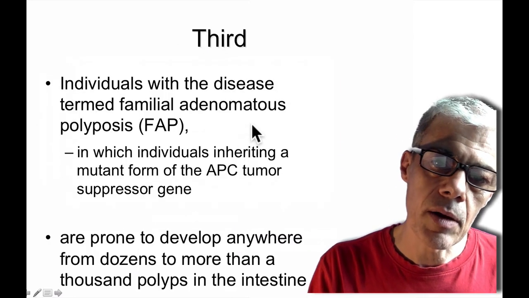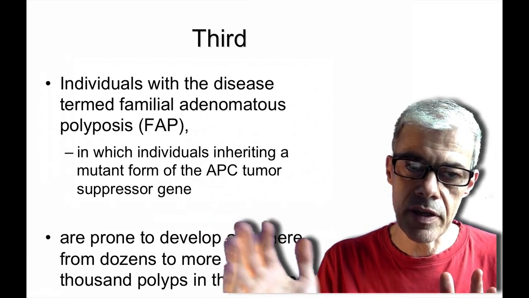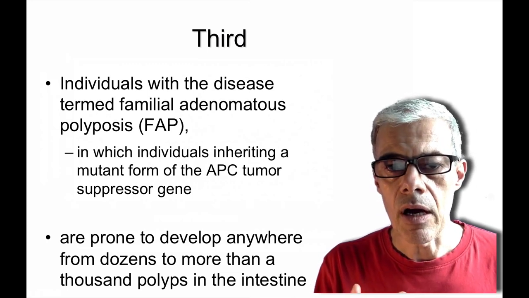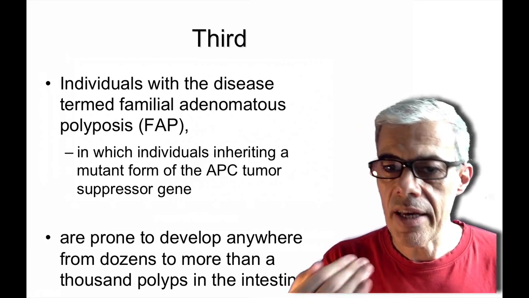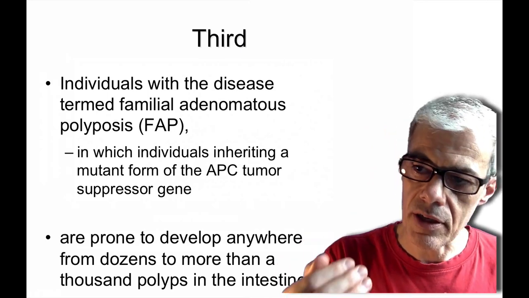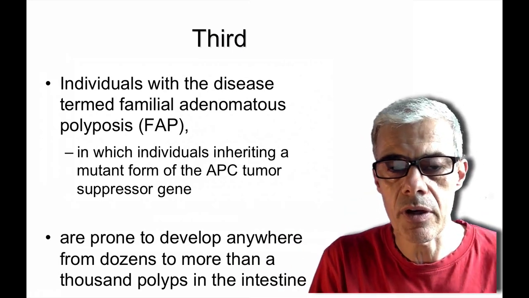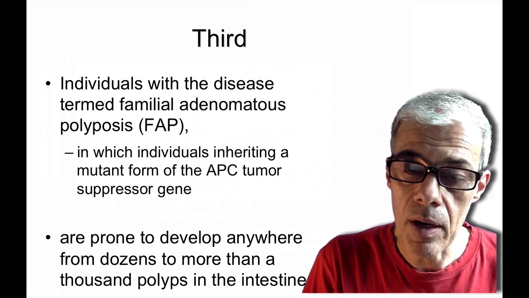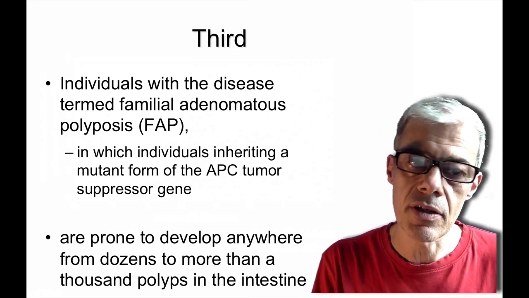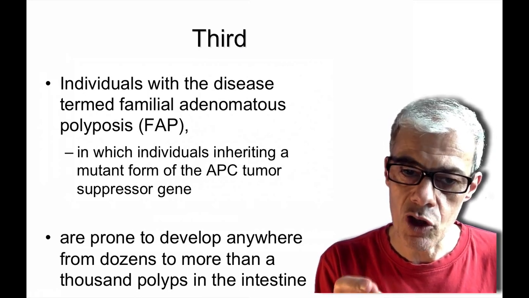The third piece of evidence that it's a succession of phenotypes comes from familial studies. If you've got a family history of bowel cancer, where the genetics of your family indicate you're going to have a higher rate of colon cancer, then people have done studies on these patients and identified a mutation in the APC tumor suppressor gene.